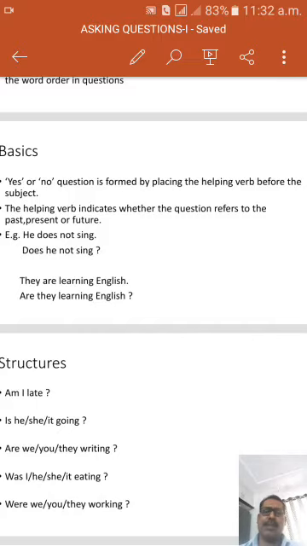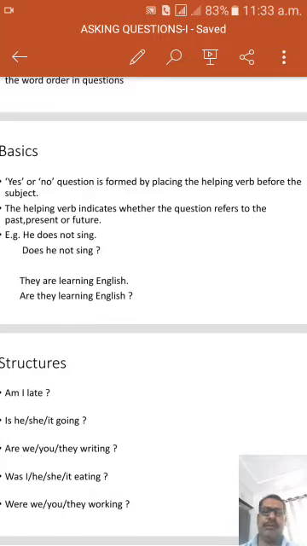Then comes the subject. Verb plus subject word order has to be followed to frame yes or no type questions. The helping verb indicates whether the question refers to the past, present, or future.